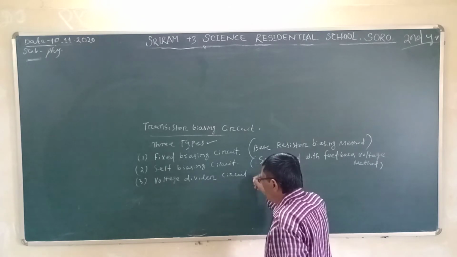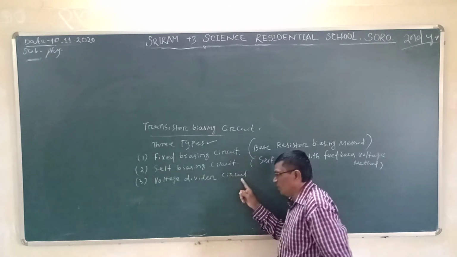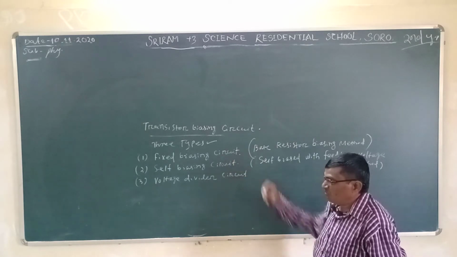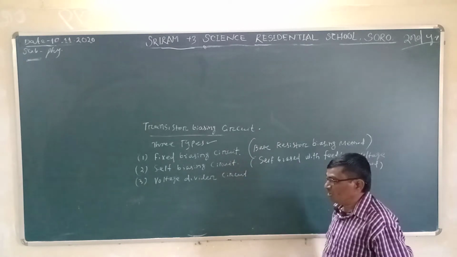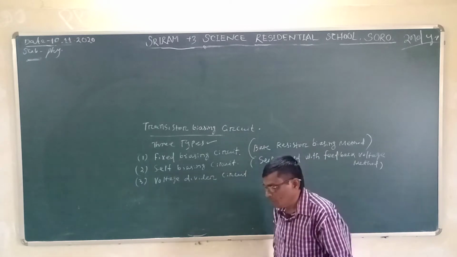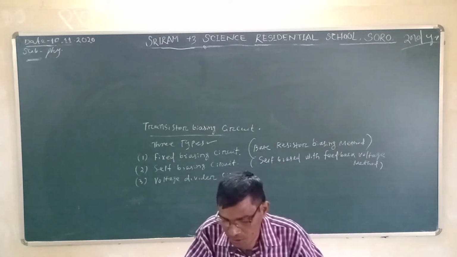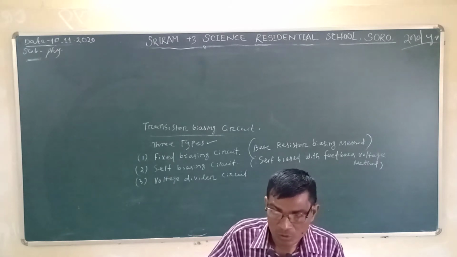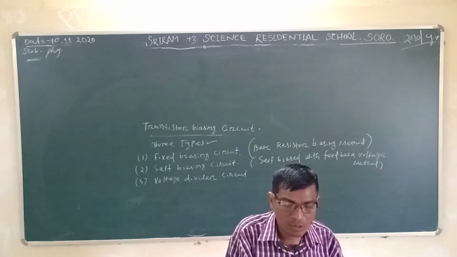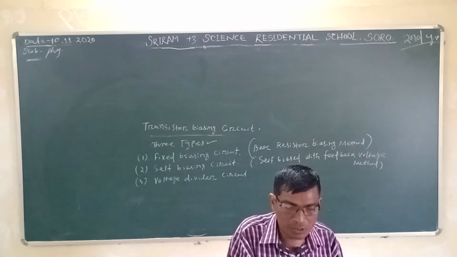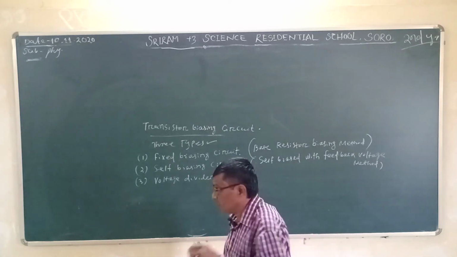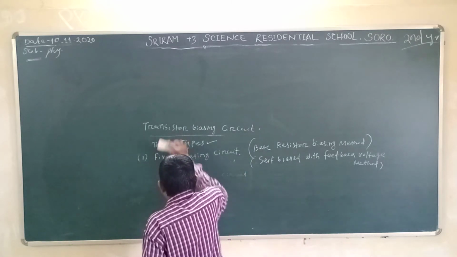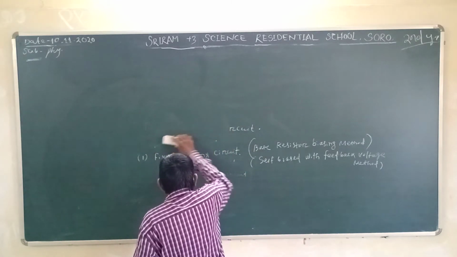And the voltage divider is the stability biasing circuit. We will discuss these later, but first we discuss the fixed biasing circuit. The fixed biasing circuit means a resistor is connected from VCC to the base, that is the base resistor biasing. So first we discuss the fixed bias circuit method.